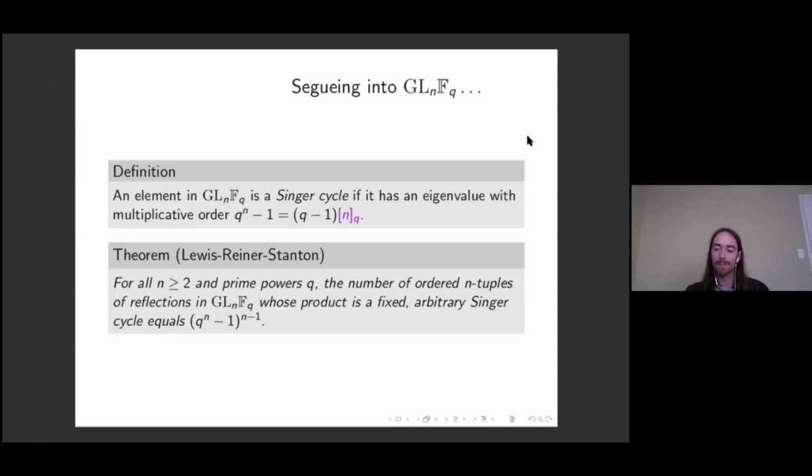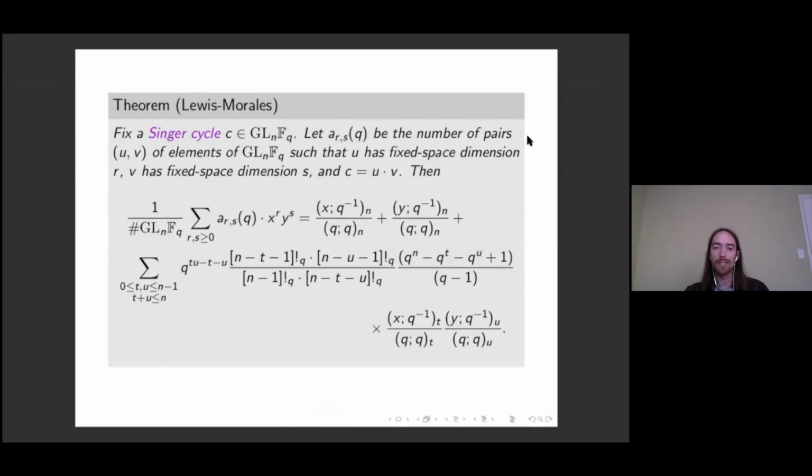Yeah, no problem. Here's another result. This actually comes from Joel Lewis and Alejandro Morales in the paper that really inspired me to approach this project. It's less concise to state, but I still think it's a cool result.